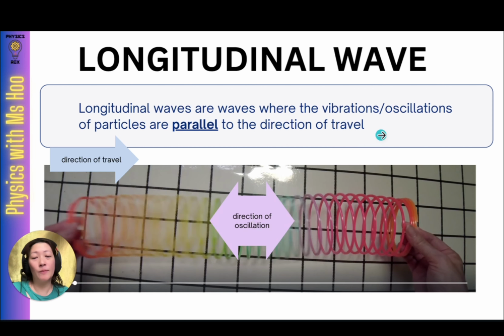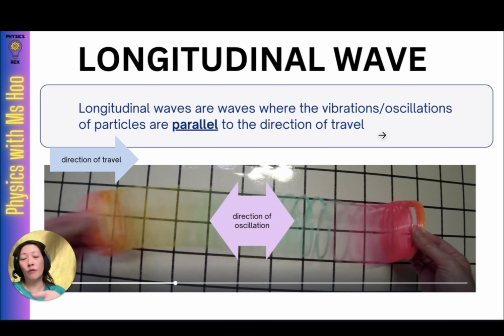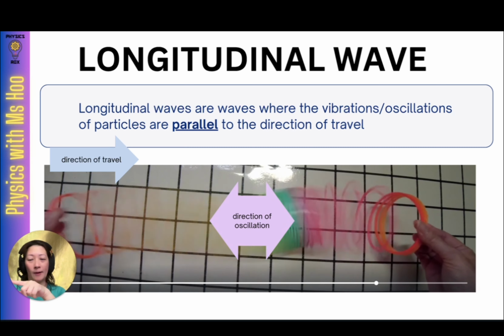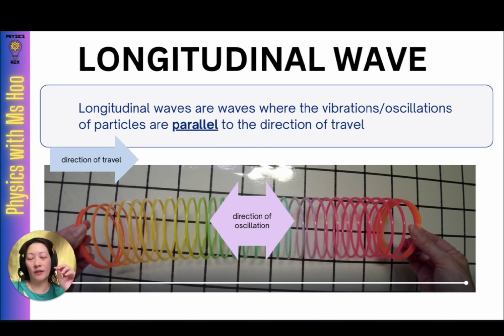But as we saw in the spring, the particles are not only moving from left to right, they're actually going backwards as well. So they're going forward, back, forward, back. So because of this constant change in direction, you cannot say that they're the same as the direction of travel. But we do know that they're traveling along the same line. So that's why we say they are parallel to the direction of travel.